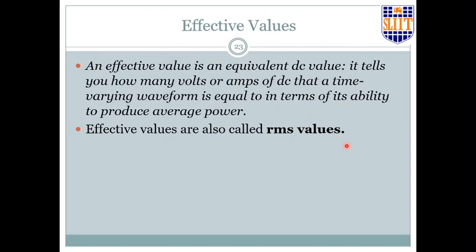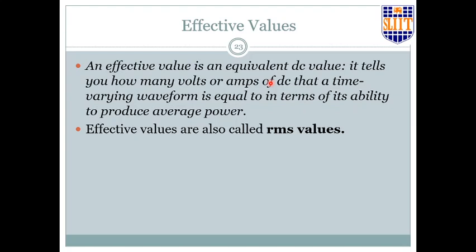Effective value, now effective value is, let's assume, now this is a time varying component, this is always varying. Now because of that we want to find an alternative which is DC. If you apply a DC voltage source to the same load, the same resistor, it should be generating the same power, right?